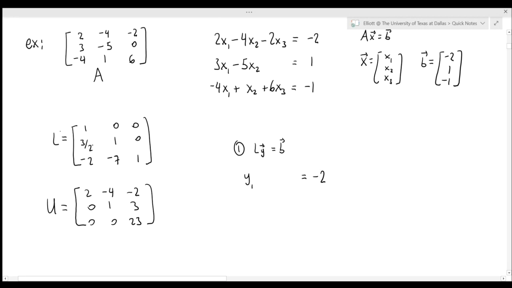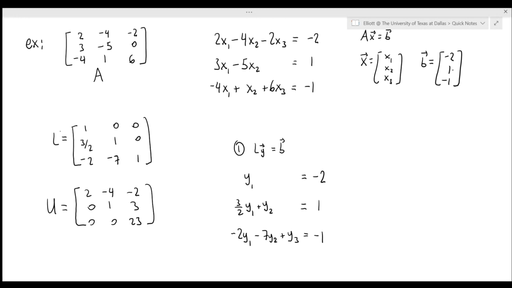And then looking at the second row, it's going to give us the equation 3/2 y1 + y2 = 1. Finally, looking at the last row of L, we have the equation -2y1 - 7y2 + 1y3, and that's going to be equal to -1.